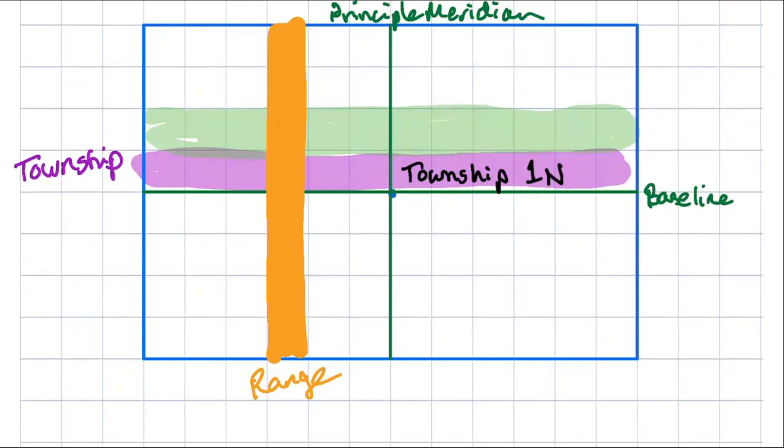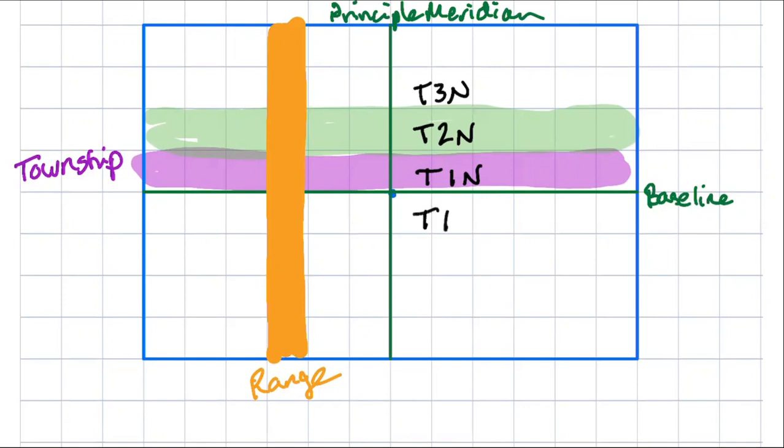So that would be Township 1 North. So what they do, instead of saying the word township, they put just the capital T and 1N. So that's T1N. This would be T2N, T3N, and so on and so forth. And again, these are much smaller in real states. I'm just doing this to exaggerate and show you. Now, what if you go down below the baseline?